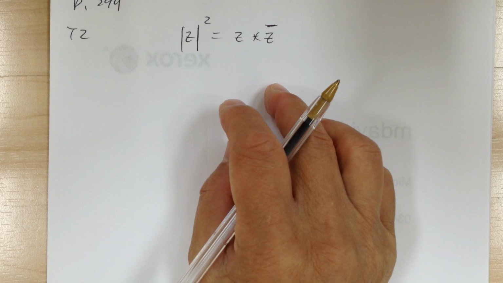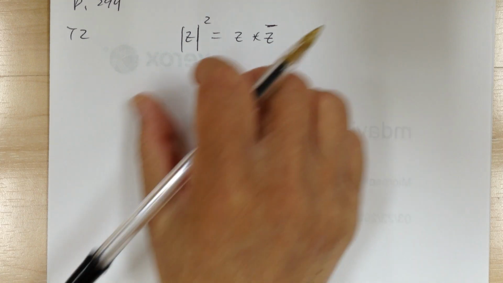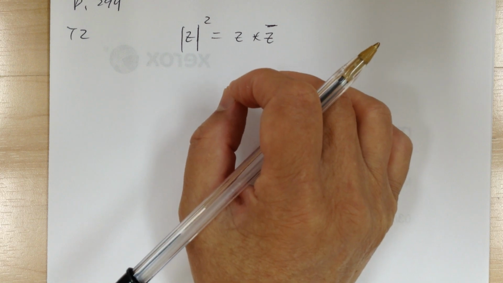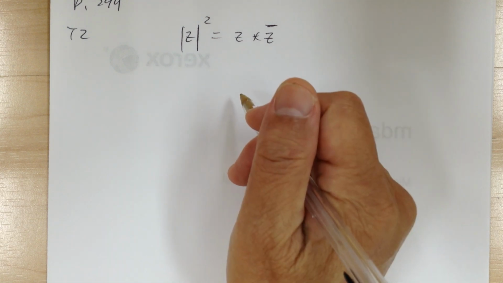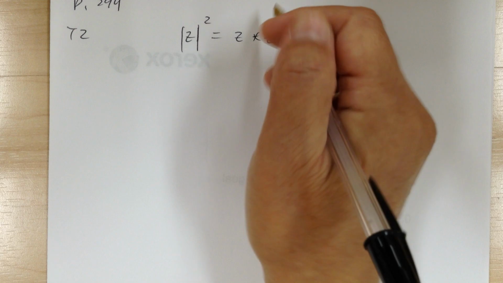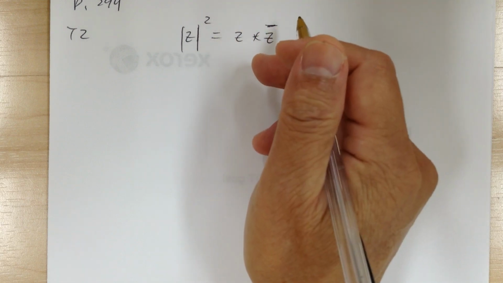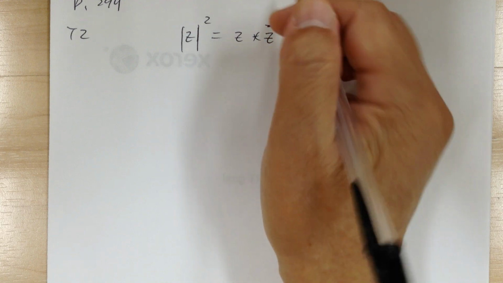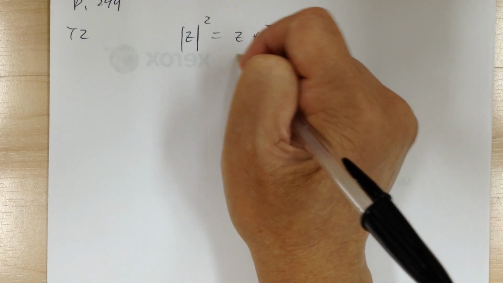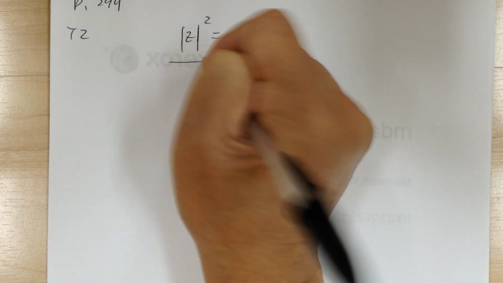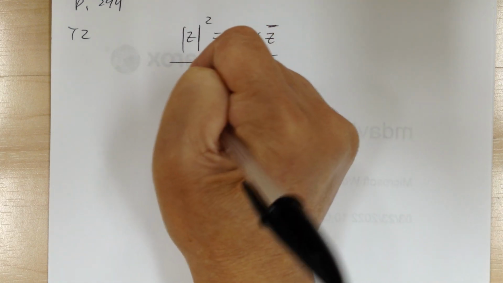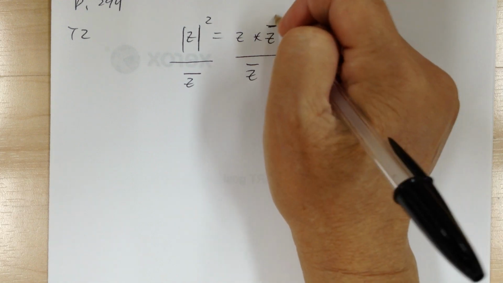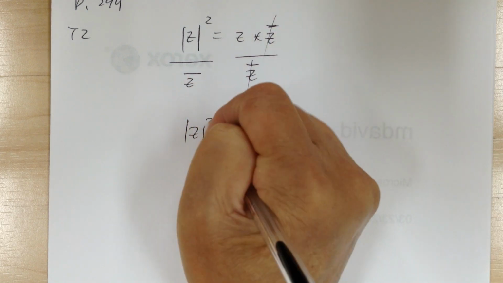Then if you move things around, so 1 over z, if you divide by the conjugate of z, this will cancel out.